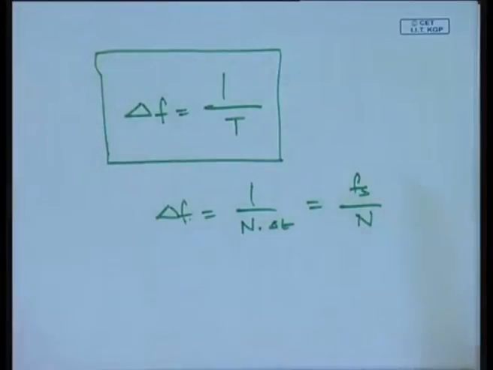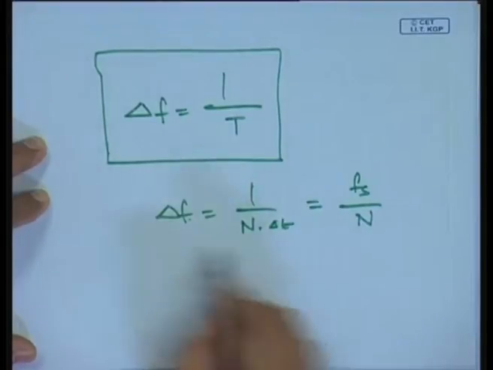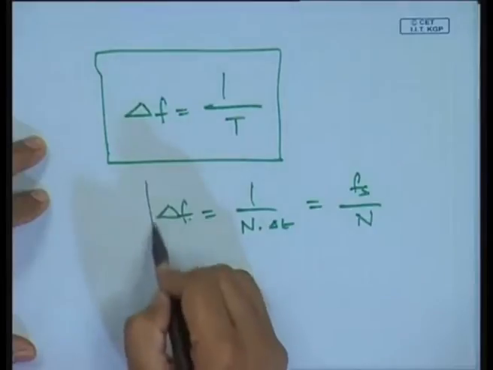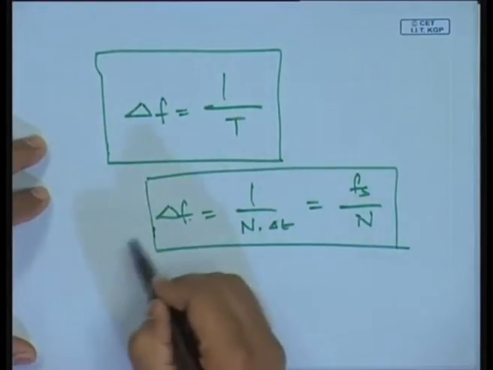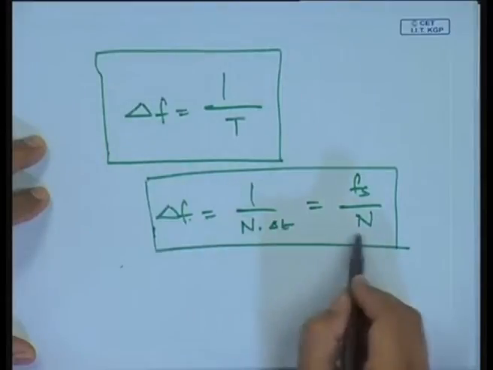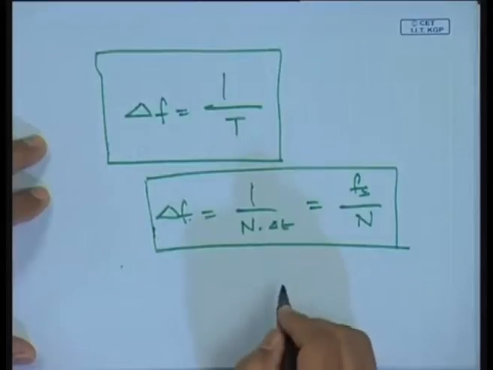So, large amounts of data need to be taken to have finer details of the frequency, and this is something you have to keep in mind while setting up your FFT analyzers to do the calculations. I hope this is clear to all of you, and this is very important: how the frequency resolution is related to the sampling frequency and number of data points.